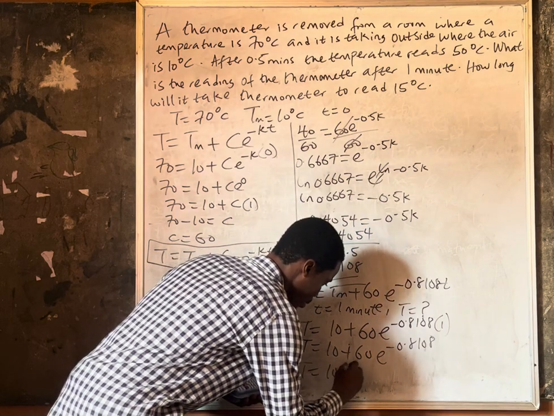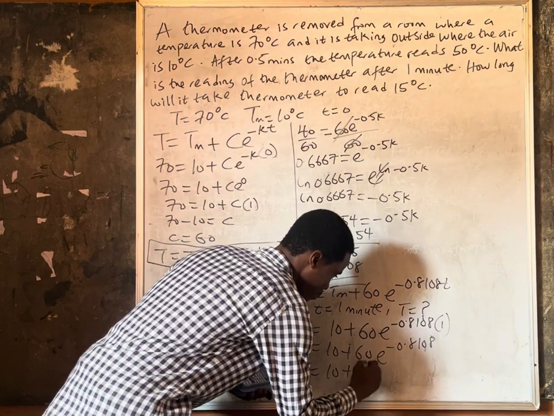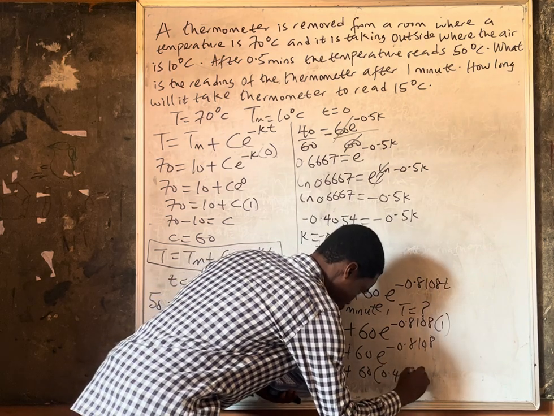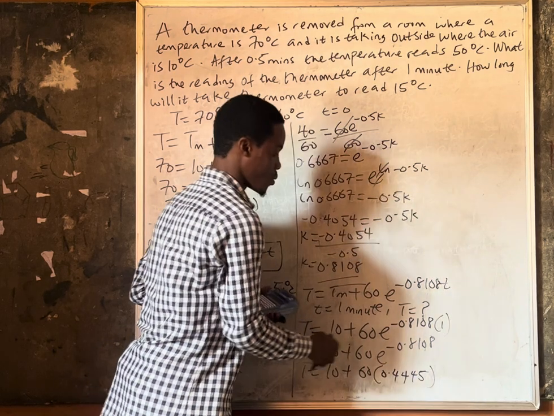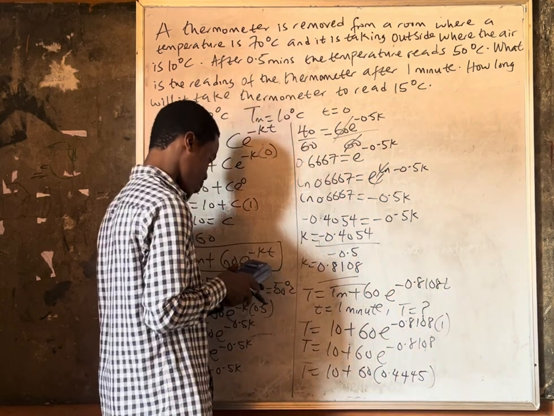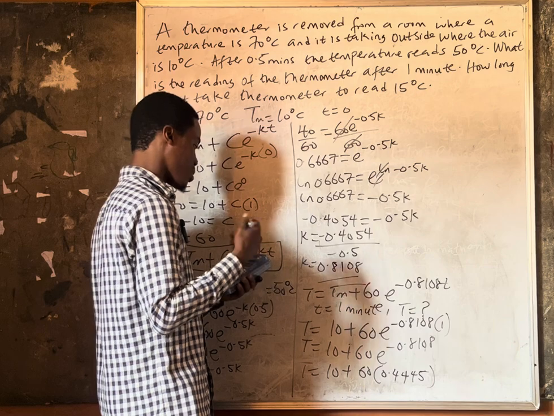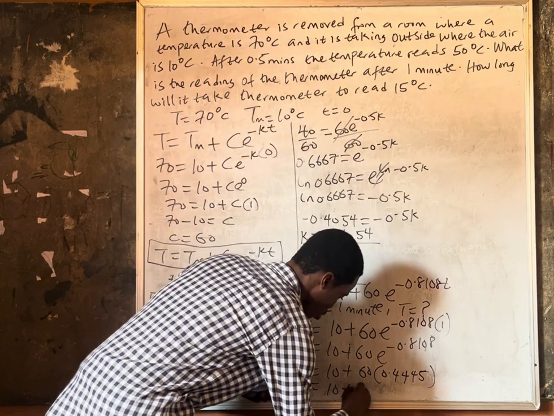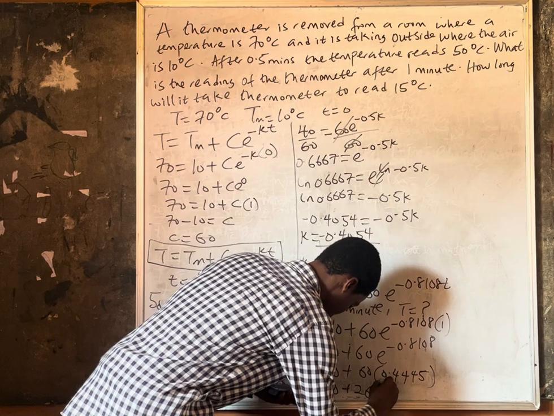So our t is 10 plus 60 times 0.4445. 60 times this, we are going to get 26.67. So t is 10 plus 26.67.